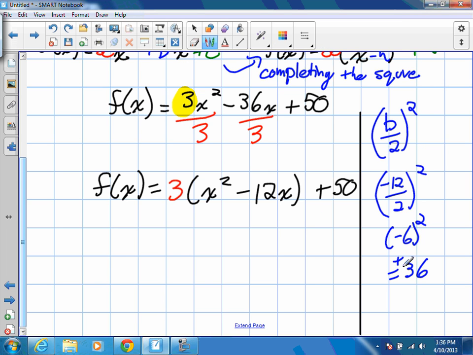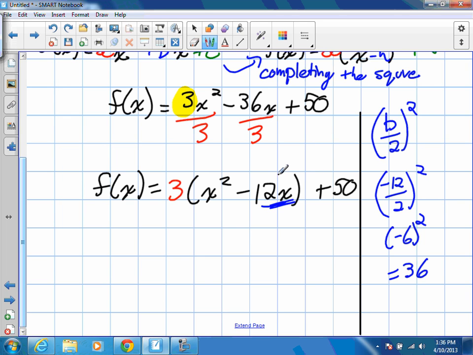Okay. Now, what I'm going to do with this 36 is add and subtract it. Think of it like this. We have an equation. If I were to just add 36 into this bracket, it would make this a trinomial. But whatever I do to one side, I have to do to the other, right? And then we'd have a bit of an imbalance. We don't want numbers on the other side. So instead, we're adding and subtracting it in this bracket.